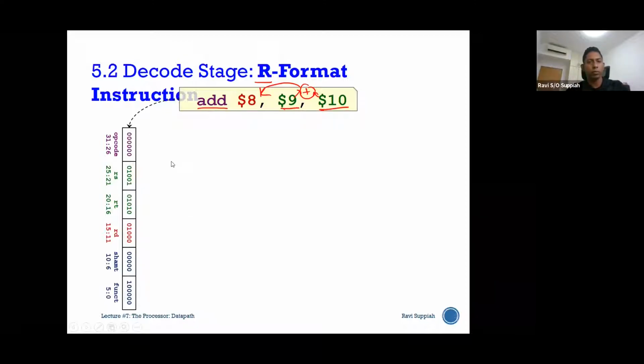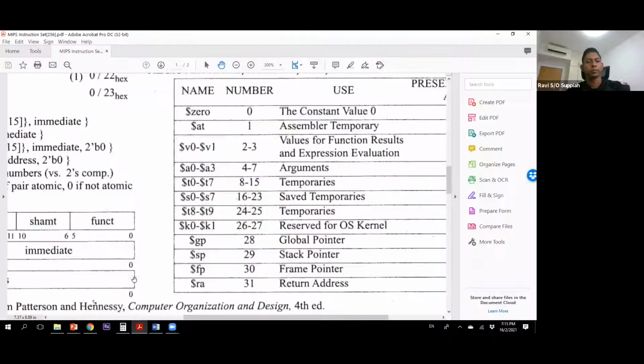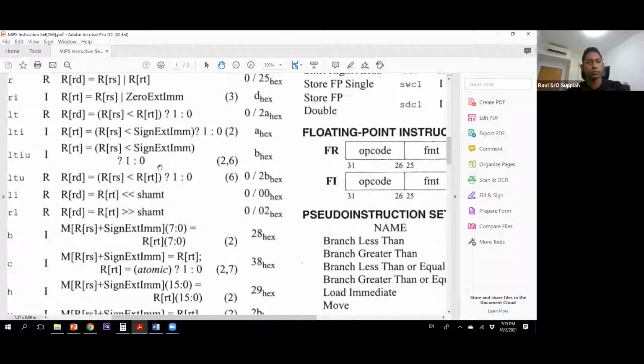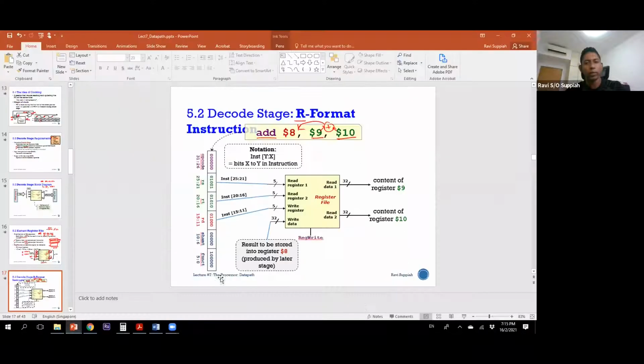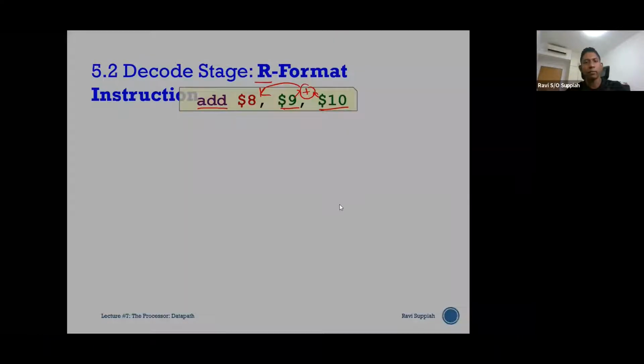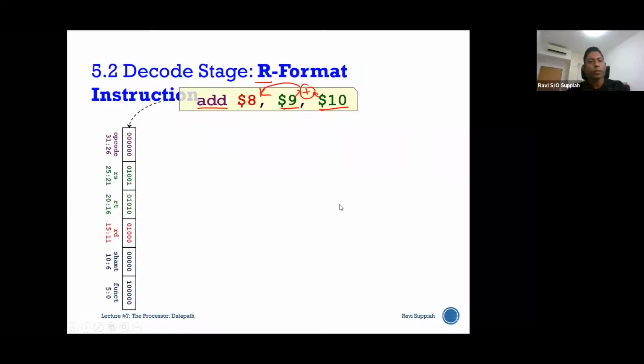For add, we can see that the opcode is 0 and the function field is hex 20. So with that, we can put in that information here. This is 0 and this is hex 20.